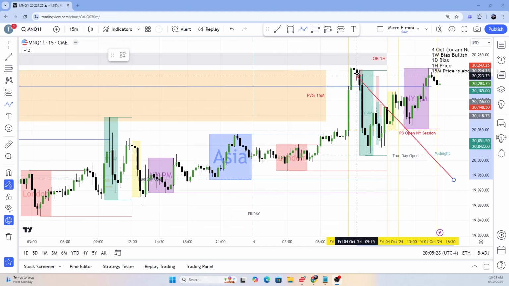Premium means now it's a high price. So the market moves from, let's say, a discount to a premium, and if it's at a premium, there's again a chance of it moving to a discount.